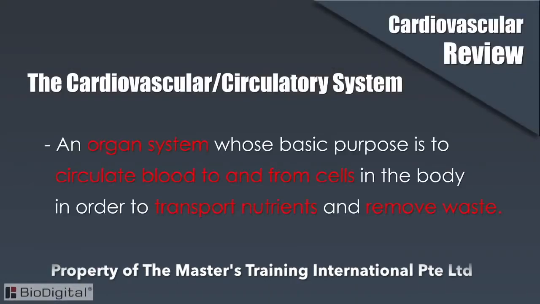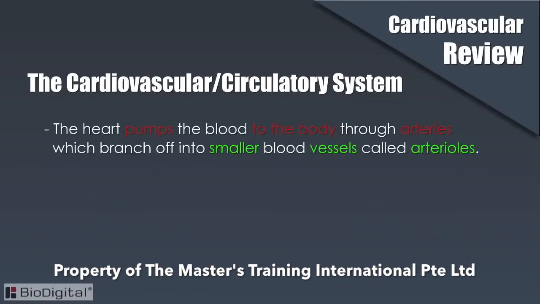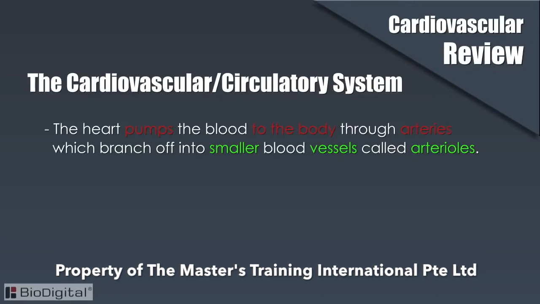The cardiovascular or circulatory system is an organ system whose basic purpose is to circulate blood to and from cells in the body in order to transport nutrients and remove waste. The heart pumps the blood to the body through the arteries, which branch off into smaller blood vessels called arterioles.